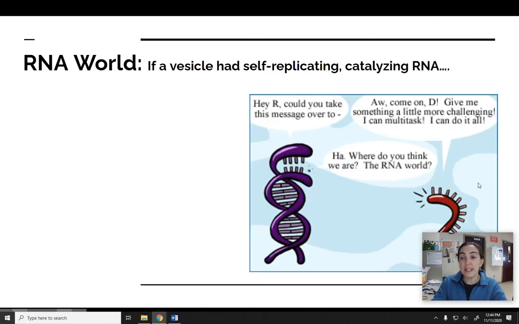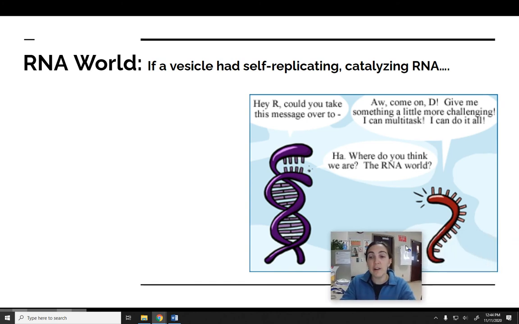And so that leads to this theory called the RNA world. Scientists believe that the first forms of genetic material were most likely RNA. And so the earliest life forms on the planet, the protobionts, those not quite living things, but almost, had RNA as their main genetic material.